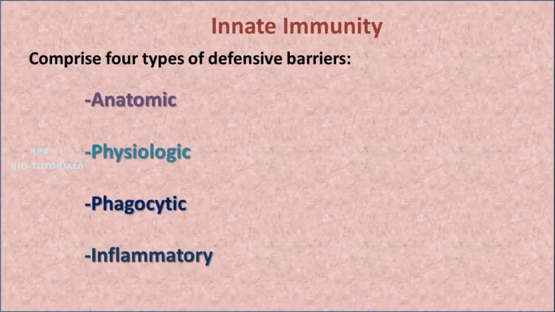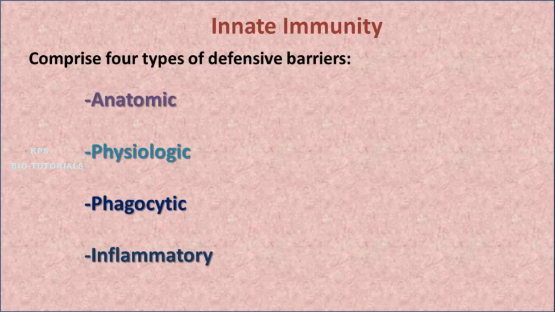Once again, welcome back to today's topic, that is innate immunity. In the last class, I mentioned innate immunity. Innate immunity means, as the name indicates, inborn immunity. That means it is already there in our body even before encountering an antigen. It is a non-specific, generalized type of immunity.